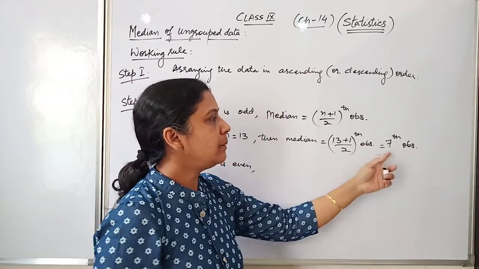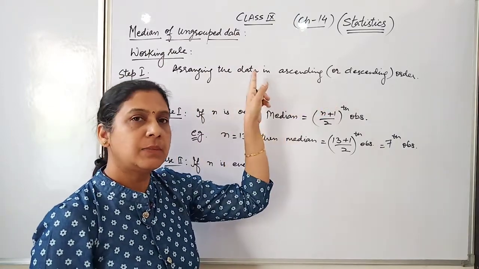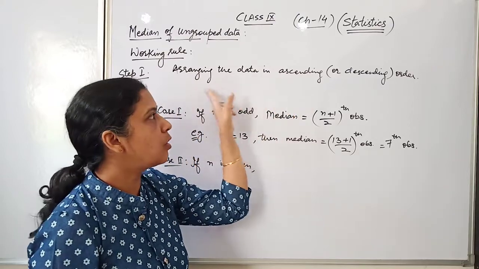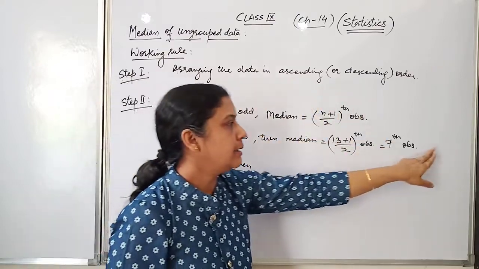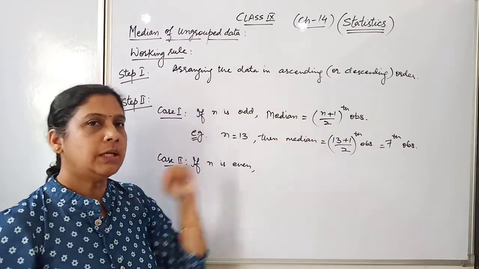So now you will pick the 7th observation from the ascending order you have written, and that value will be written over here, which will become the median.